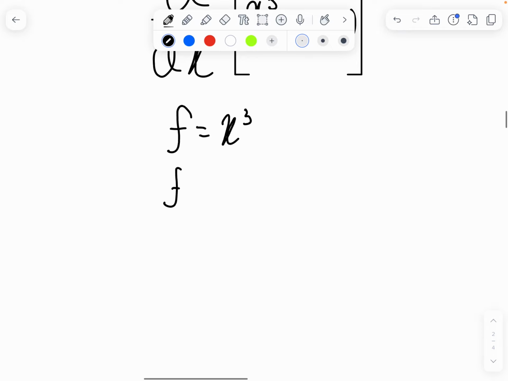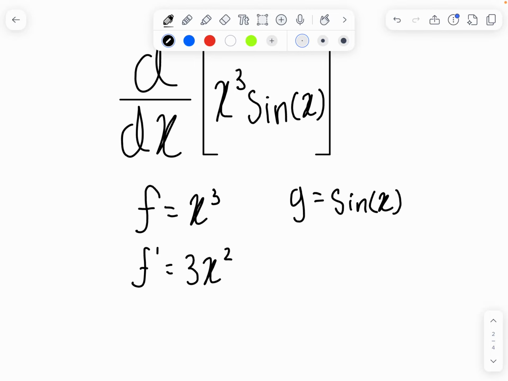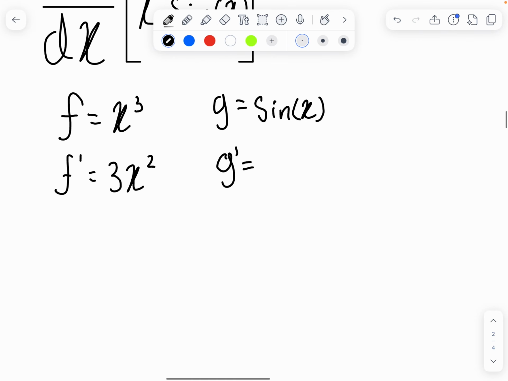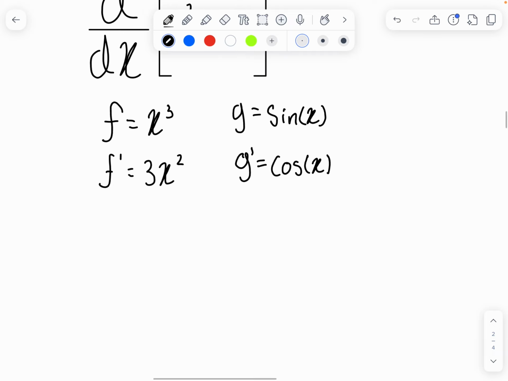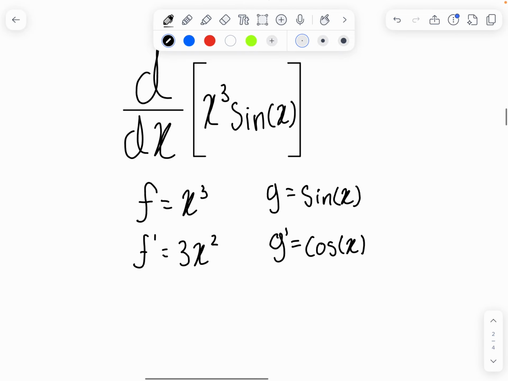So f prime is going to be equal to 3x squared. Time for g. So g is sine x, you already know that, and g prime is going to be cos of x. Now that we apply the power rules and our trigonometric identities, we can apply f prime times g plus f times g prime.